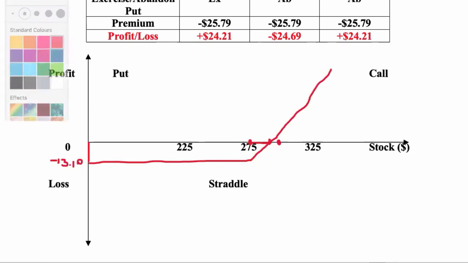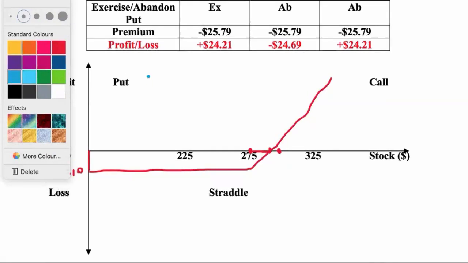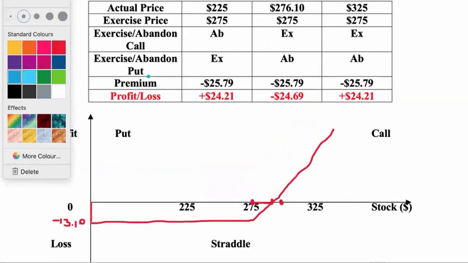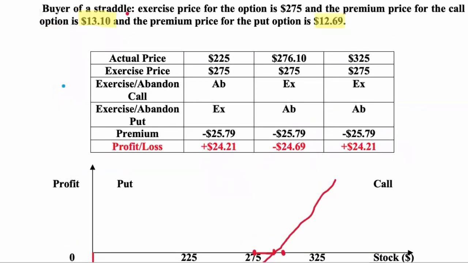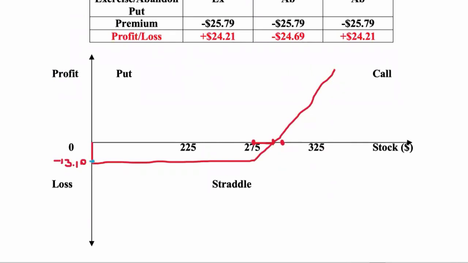So that's our call. And with the put, if you remember, the put premium was 12.69. And we will mark off that negative 12.69 here. It's just slightly less. I'm going to match that up as a coordinate with my strike. And my 12.69, I'm kind of doing a reverse now because I used 13.10 as a guide.